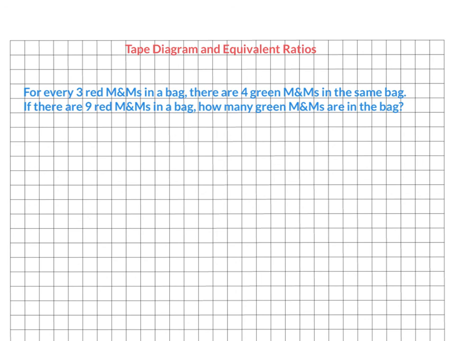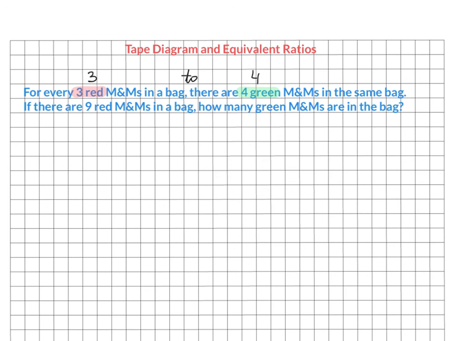I'm going to highlight what's important here. So I'm going to highlight for every 3 red, so red is important, and then there are 4 green. So my ratio that's given is 3 red to 4 green. So given ratio is 3 to 4.